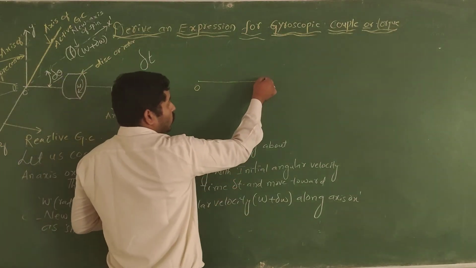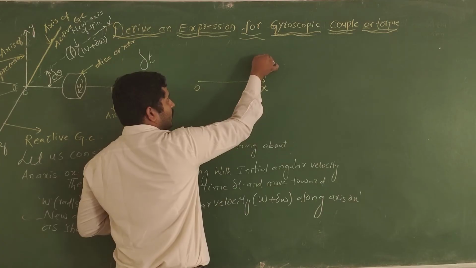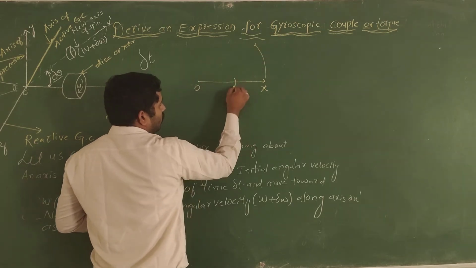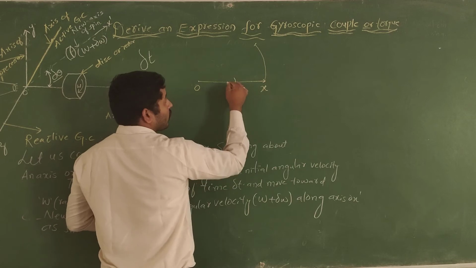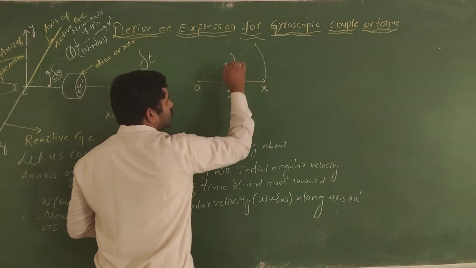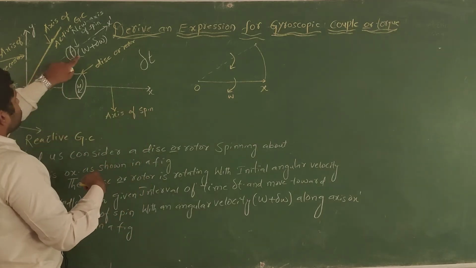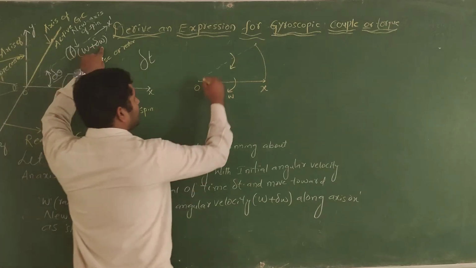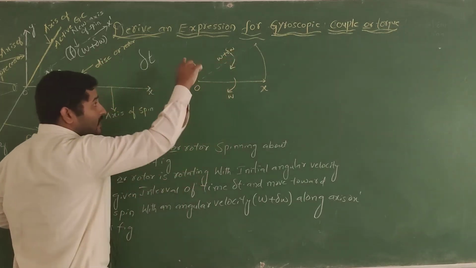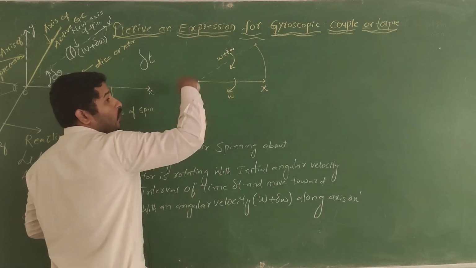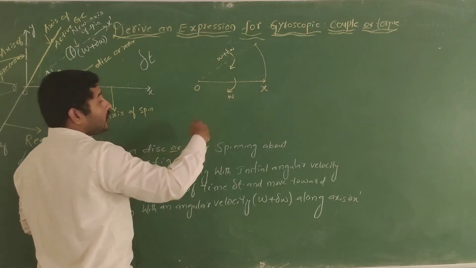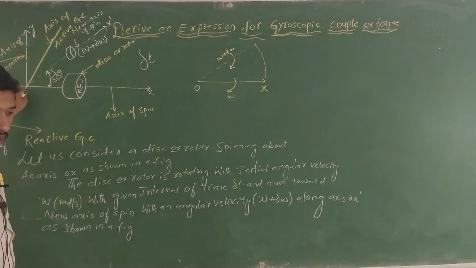This rotor is spinning with some angular velocity omega. If it moves to the new axis of spin, the angular velocity of this disc is omega plus delta omega. The disc is rotating in a clockwise direction when seen from the origin point.